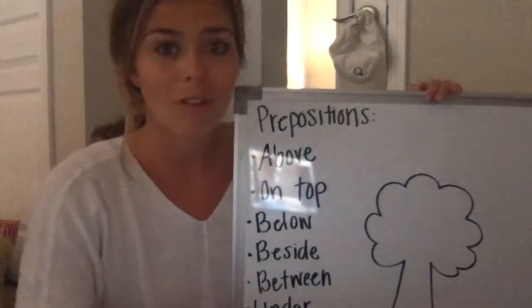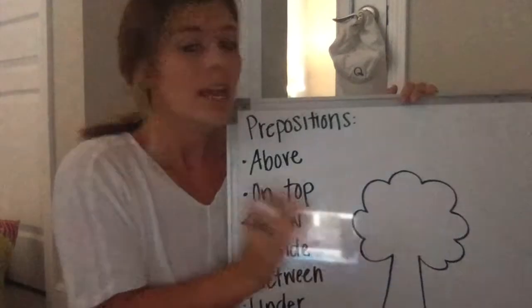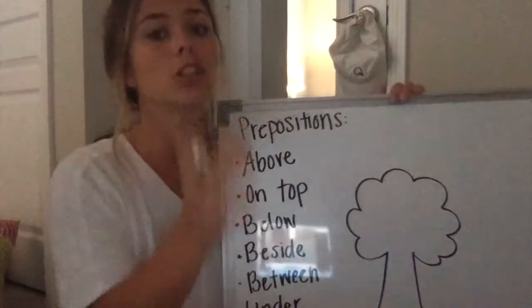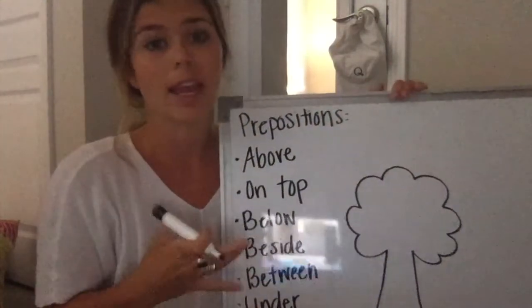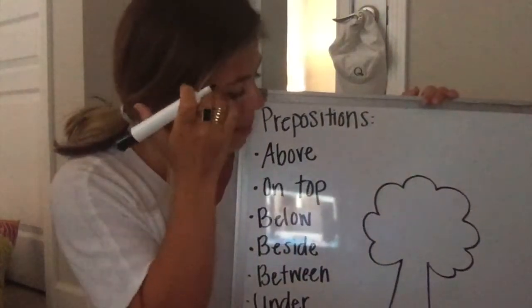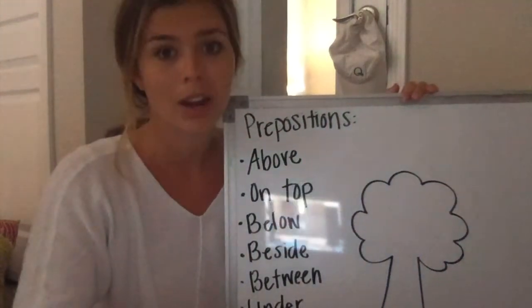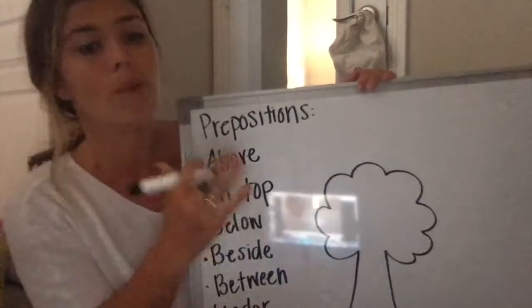Then on page 15, there are 4 different boxes with a tree in it, okay? If you guys want to use your composition notebook to draw a prettier, like a bigger tree and make sure your bird is nice and neat, you can, whatever you want. But I'm going to do the first box with you. And that box says, draw a bird above the tree. So where is it above my tree?